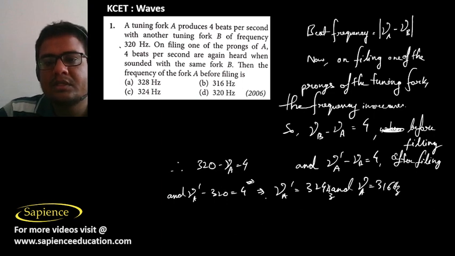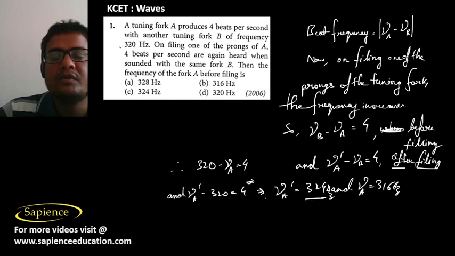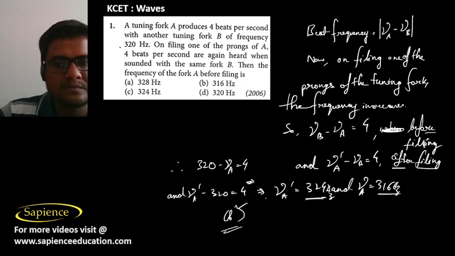So after filing one of the prongs of the tuning fork A, the frequency will be 324 Hertz, and before filing it will be 316 Hertz. So option B is the correct answer.